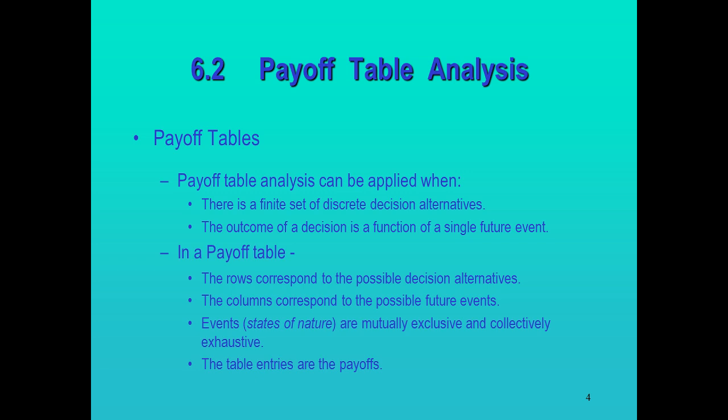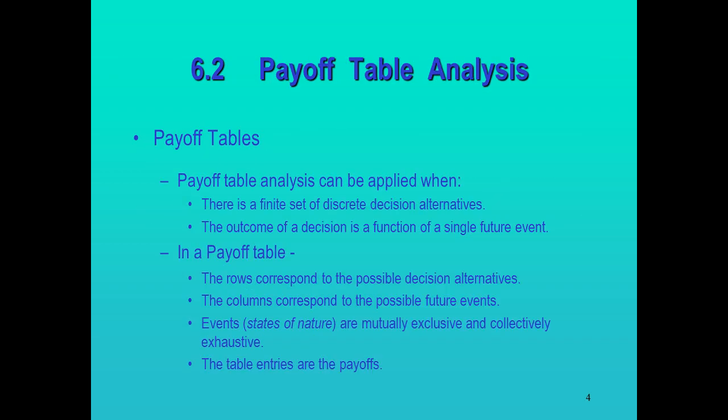Let's start talking about some of the tools that we use for this. The first tool is something called a payoff table. And a payoff table looks like this, and I'm just going to use an example to kind of show it. We have a finite set of decisions we can make. We have future states of nature, or future events that can affect those decisions.